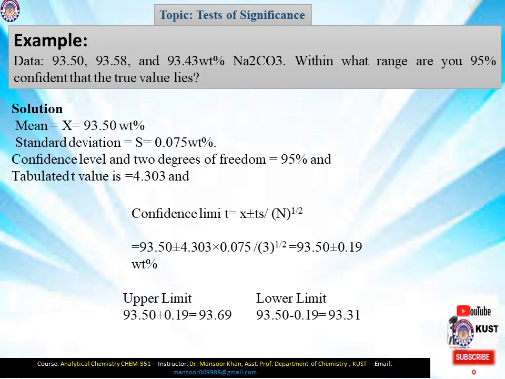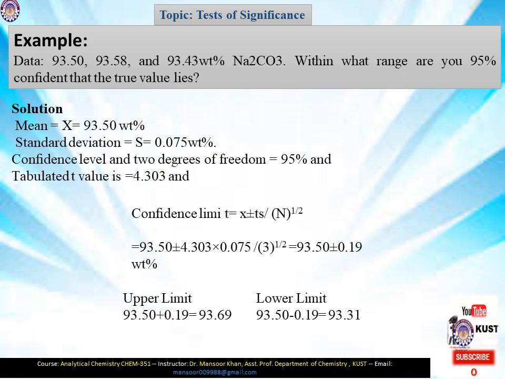As we know, the equation which is used for the calculation of confidence limit is x plus minus ts divided by the square root of the number of measurements. So by putting in all the values, we calculate the upper limit and also the lower limit. The upper limit value is 93.69% and the lower limit value is 93.31%.